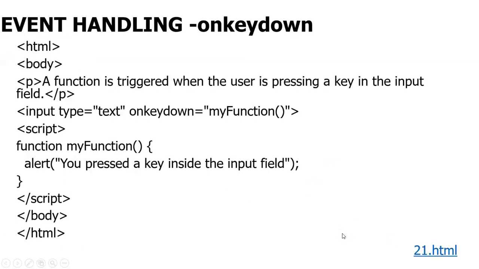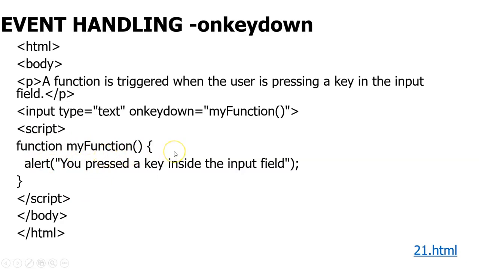So next is onkeydown. Previously, when I placed my cursor there, I got a color change. Here, when I type something, I'm going to perform some function. What is that function? An alert box has to be added, so inside my function I'm using the alert box.